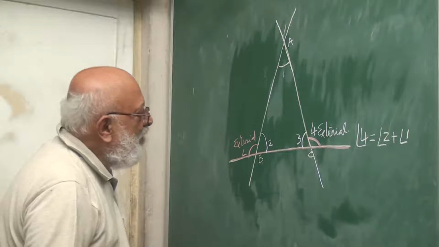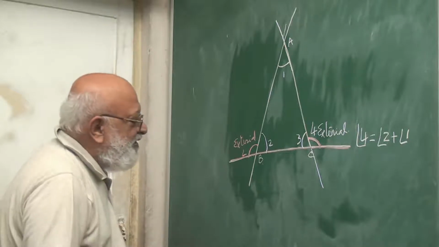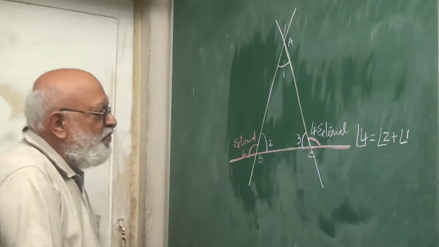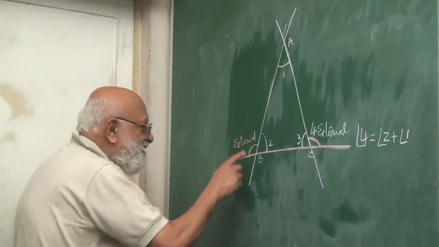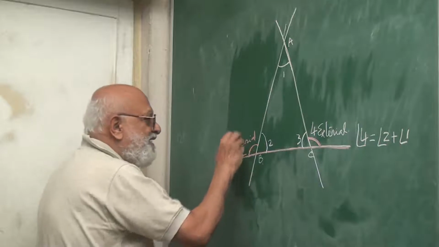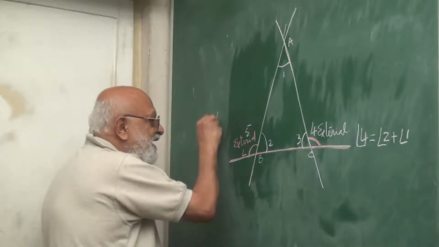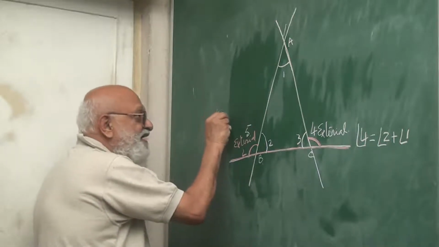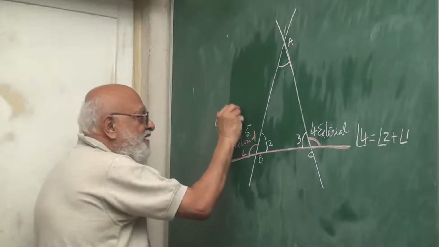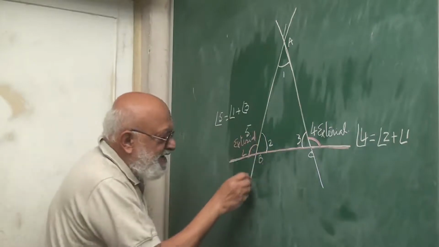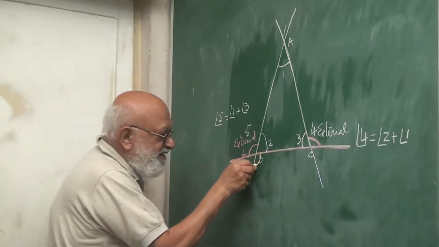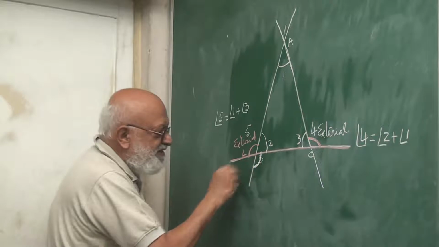How can I prove it? We'll take up that proof later on. Let me complete this. Similarly, if I take this one as 5, then angle 5 is equal to angle 1 plus angle 3. You can go around again. For this angle, this would be the exterior angle.